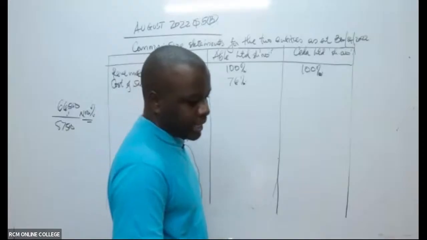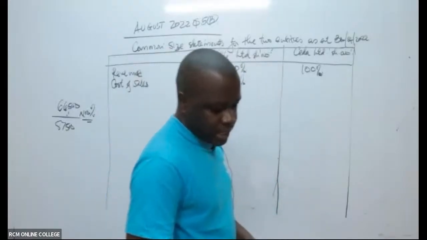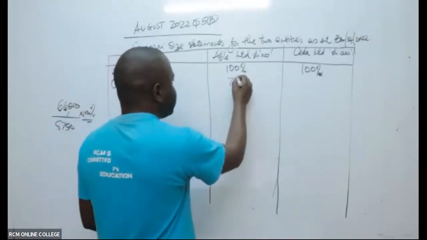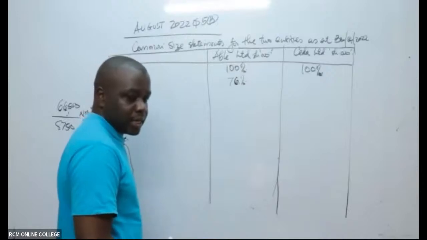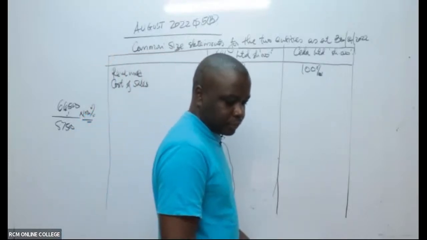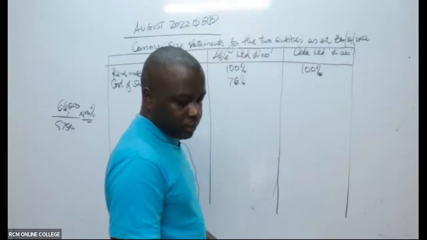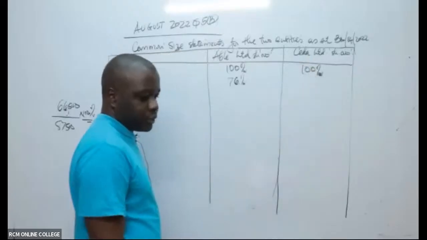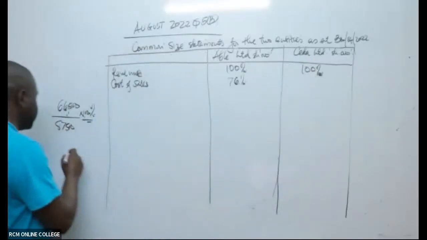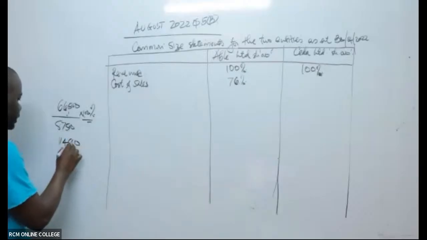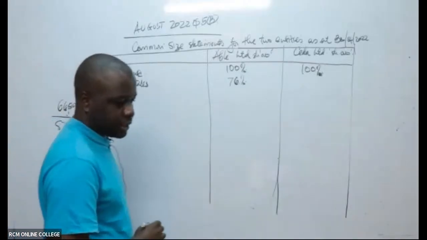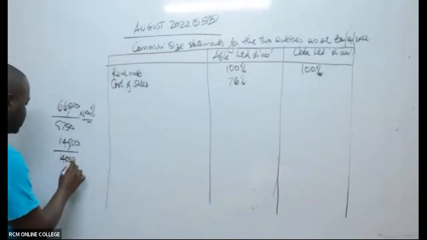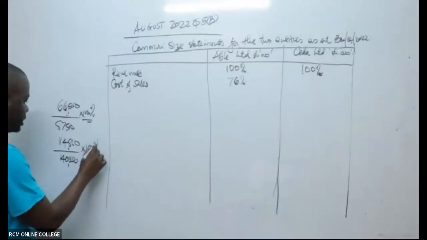What about for SEDA? For SEDA, you take 114,800 and divide by the total revenue, which is 140,000, then multiply by 100%.